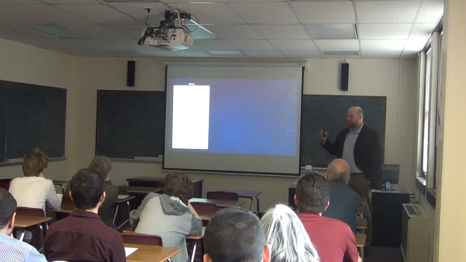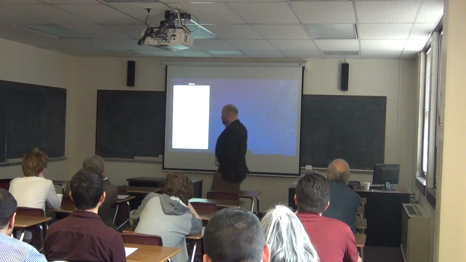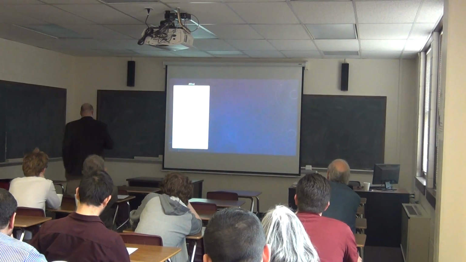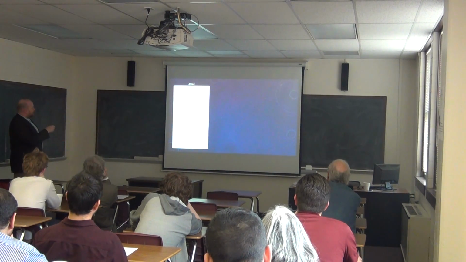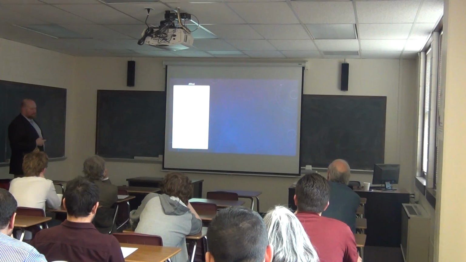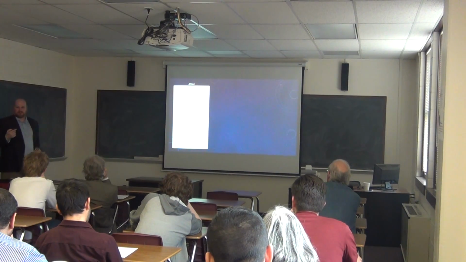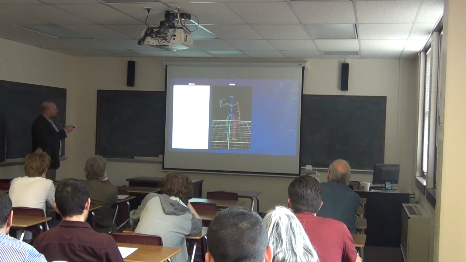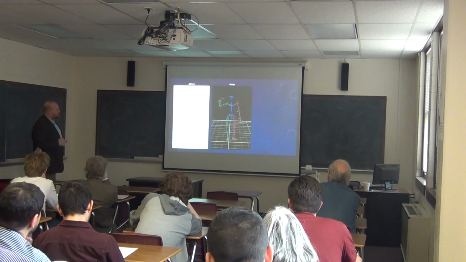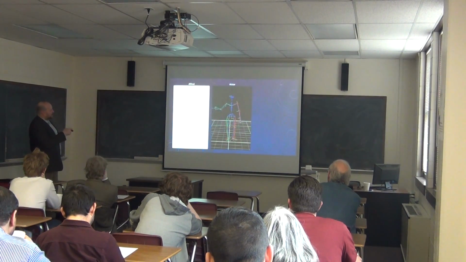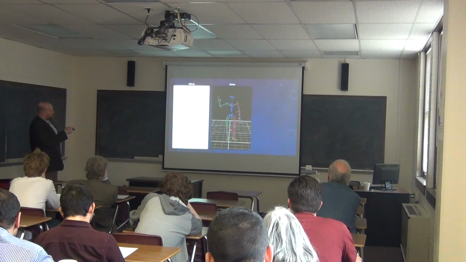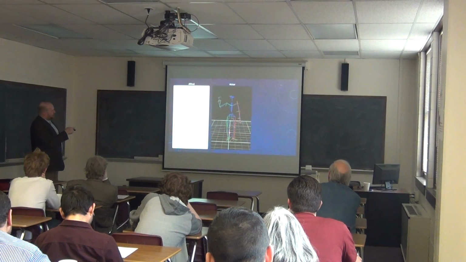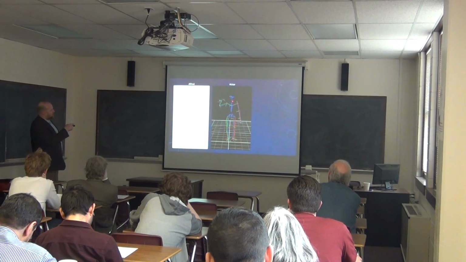Now, we have several models. The first one is Alfred, and we can see right here, that guy right there, that is the segment of the total body center of mass that it has already calculated. This is Victor, and we can see again the total body center of mass has been calculated there, and we see those markers that we had put on him here and the projected skeleton.